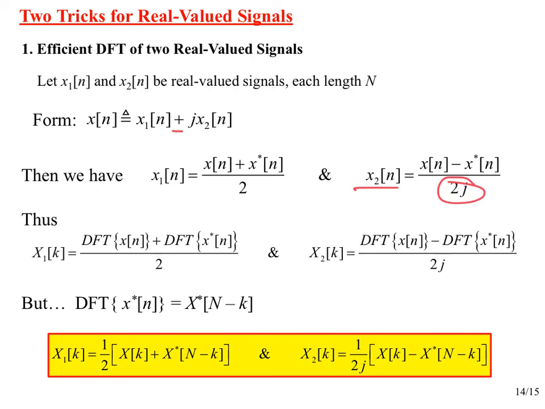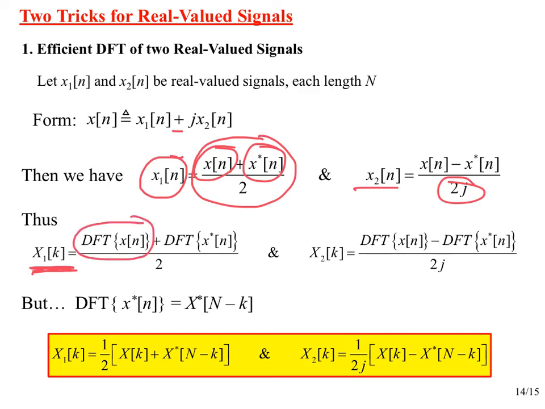So given that idea, we can say, well, I can get the DFT of this by taking the DFT of this side, pass the DFT around each of those, and so I can get the X1 of k, the DFT of x1, by taking the DFT of my x and taking the DFT of x conjugate, adding those two things together and dividing by 2.